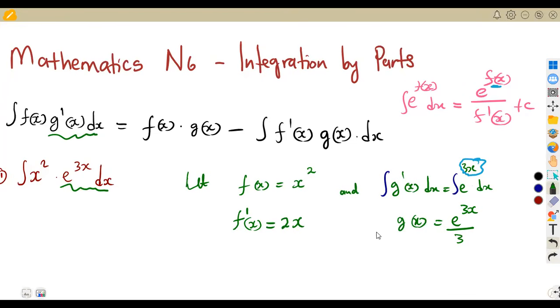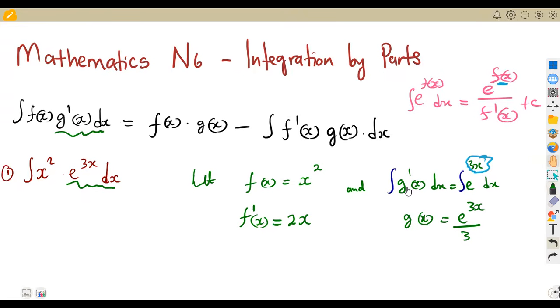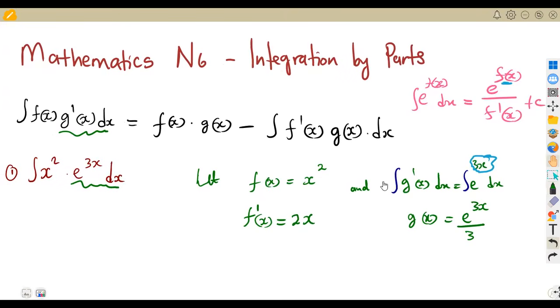It is 3, right? Remember, guys, our basic derivatives, okay? So this will give us a 3. So this is what we need. With this information, we're going to take it back down to the formula, all right? So take note of our formula here.